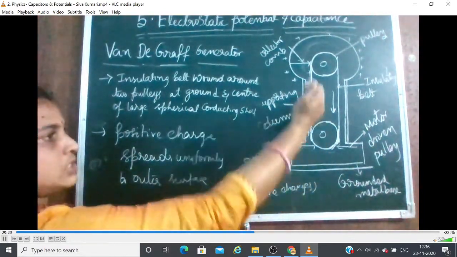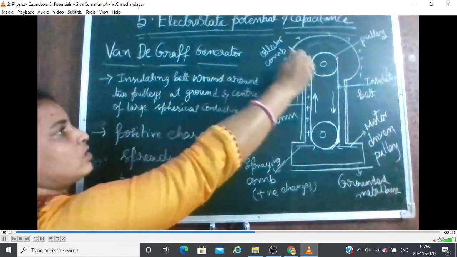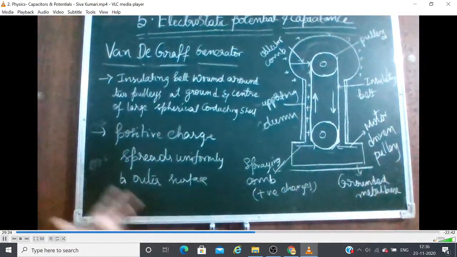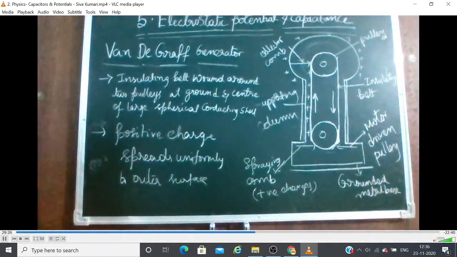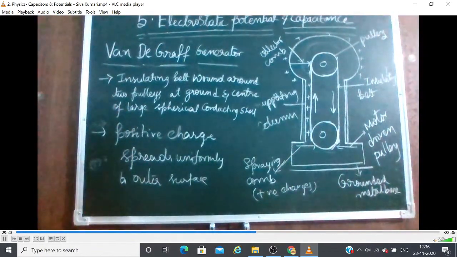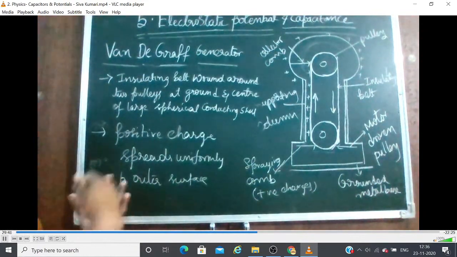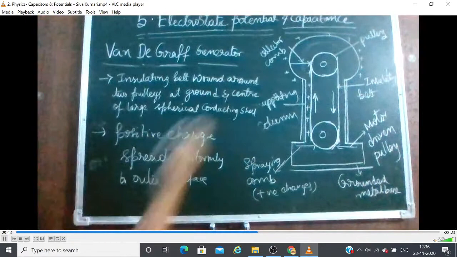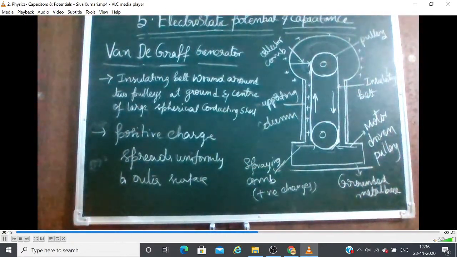Due to corona discharge, one of the principles, it reaches here, and the positive charge which is transferred will spread uniformly. Why? Because of the second principle: inside the conductor, the net electric field will be equal to 0. So the positive charge will spread uniformly to the outer surface.